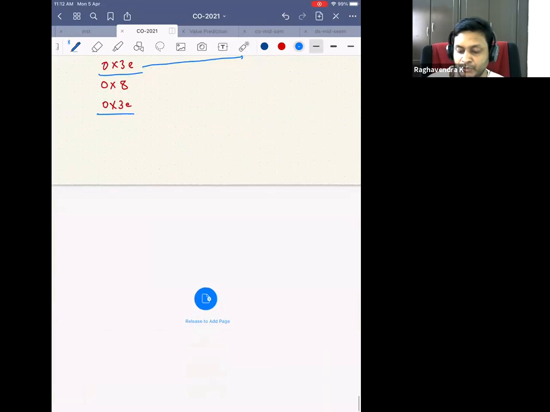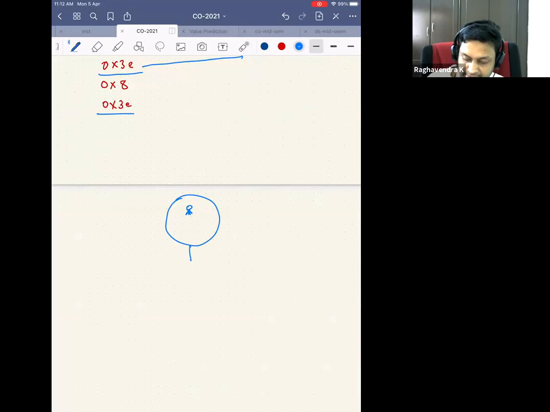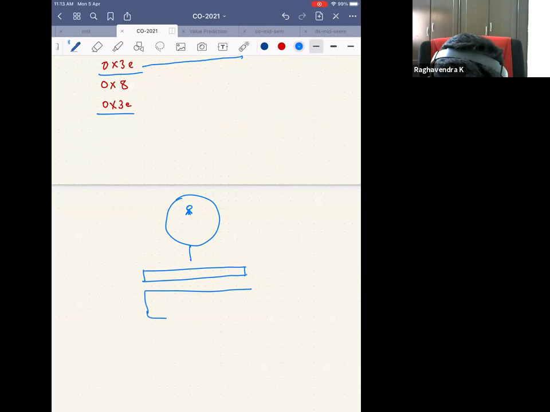The cache design has one more component, as you might have guessed by now. If it is an 8-byte cache, I have something like this, a small, tiny notation like this.